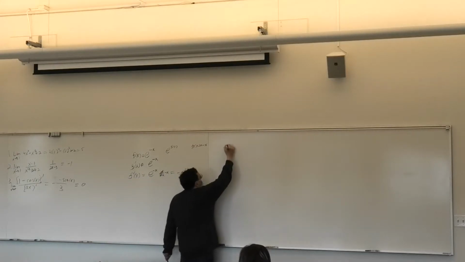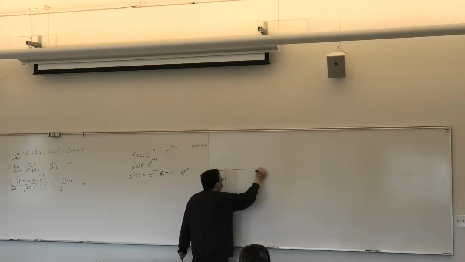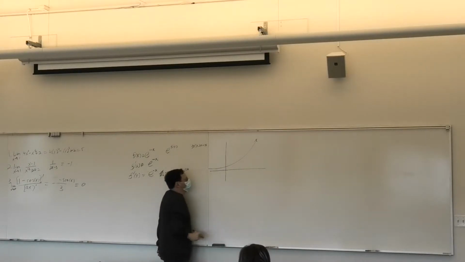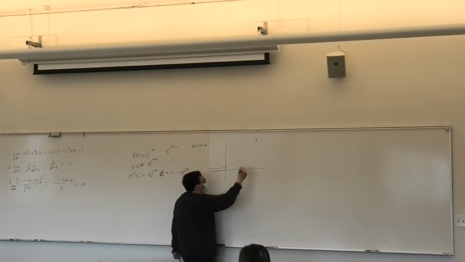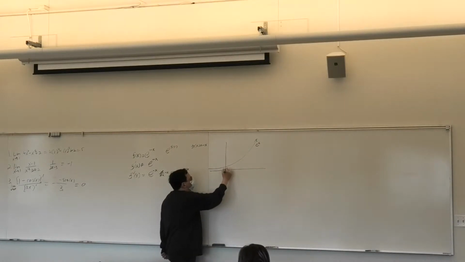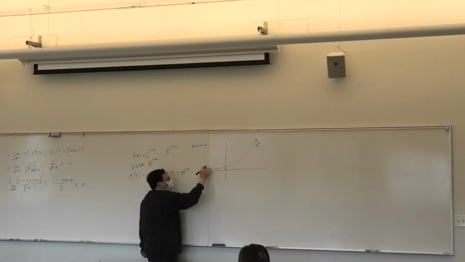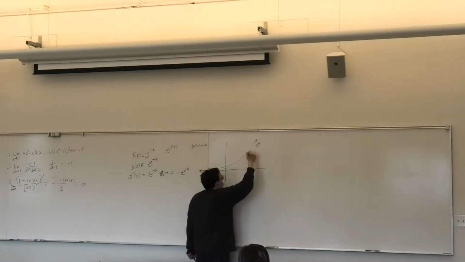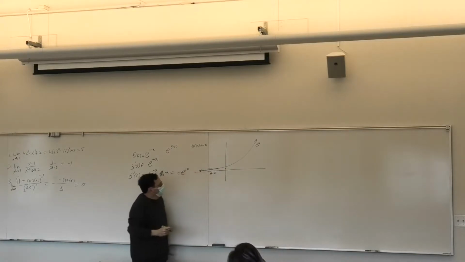We're not just doing stuff mechanically here, we're thinking about stuff, thinking about functions. This is e to the x. At 0, it's 1. For small x, it's very, very small. It goes down asymptotically to 0, and it gets very large.